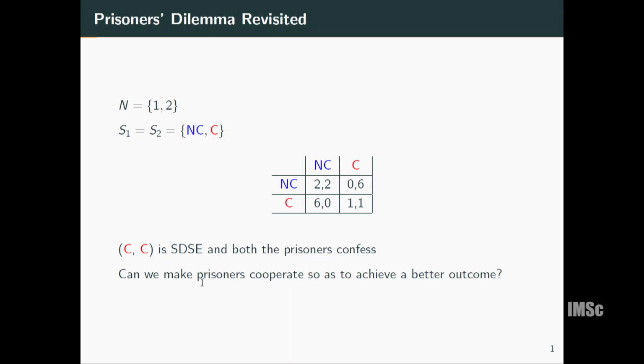Instead of (2, 2), you could make it (100, 100) and scale up the numbers, but still the issue will be that the utilities the individual prisoners get with confess are significantly lesser than what they could have achieved if they both did not confess. So what we want is to make these prisoners cooperate so that the resulting output is better.